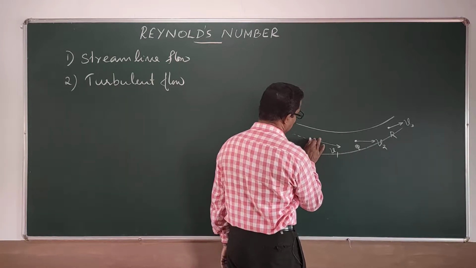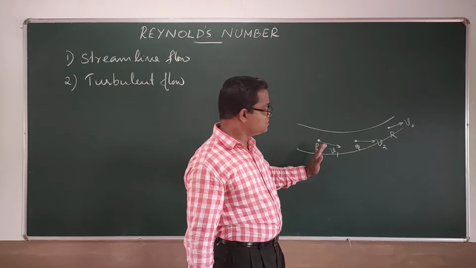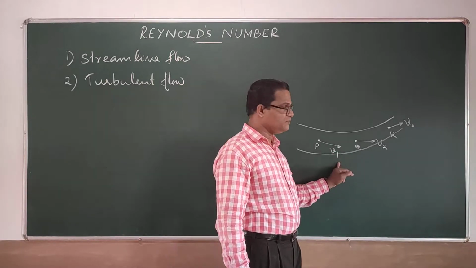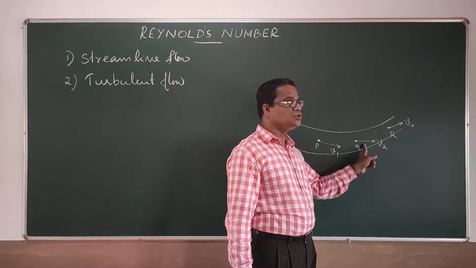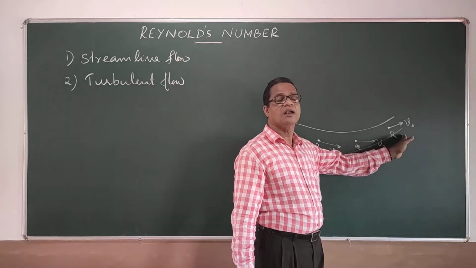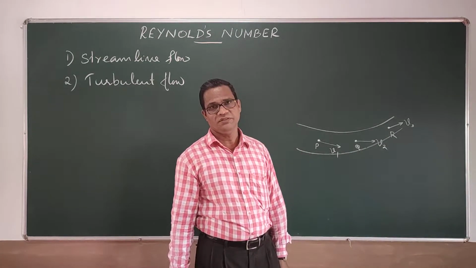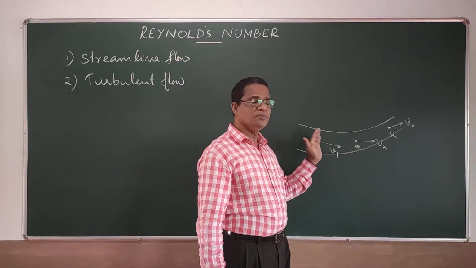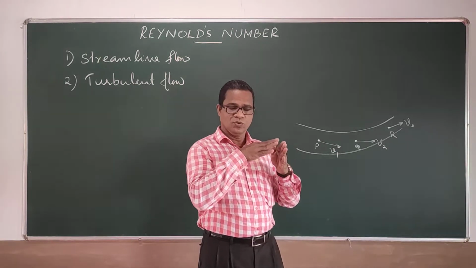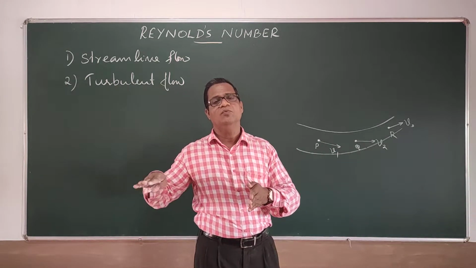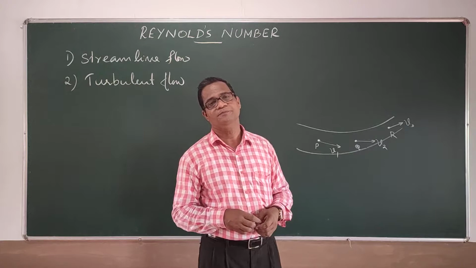So each particle, when it reaches P, will have velocity v1, reaches Q, v2, and reaches R, v3. So no particle will be crossing each other; they will go in an orderly manner.